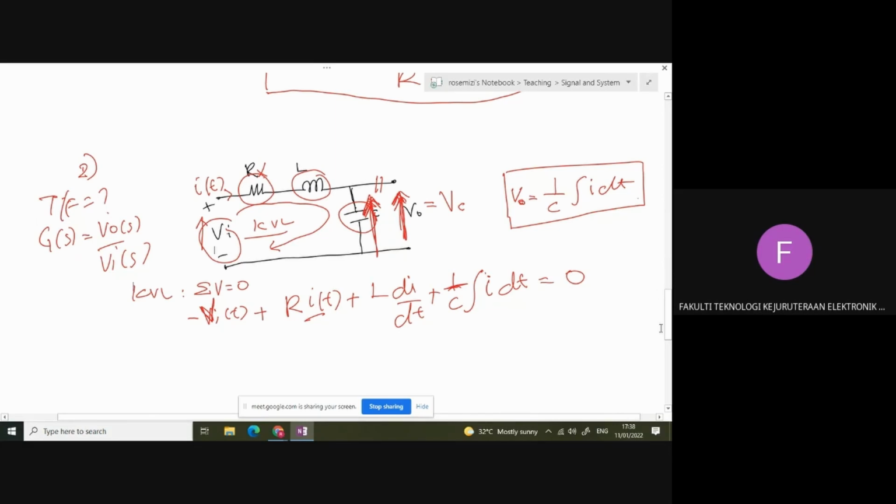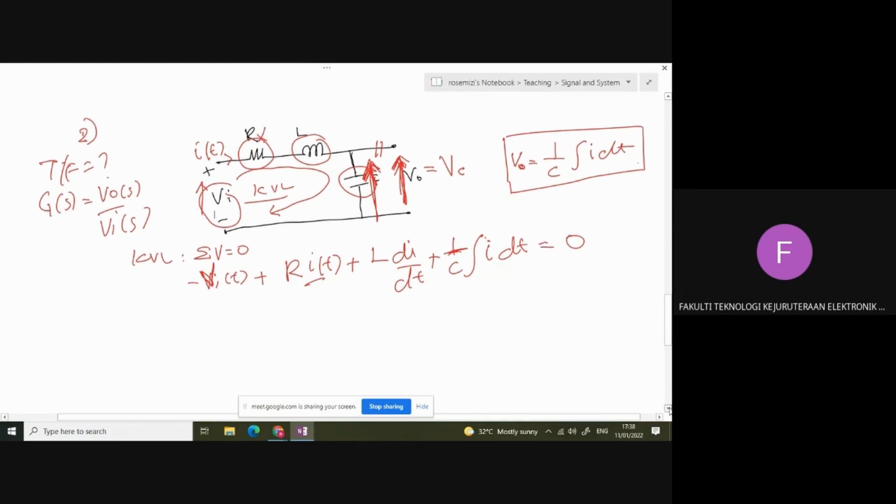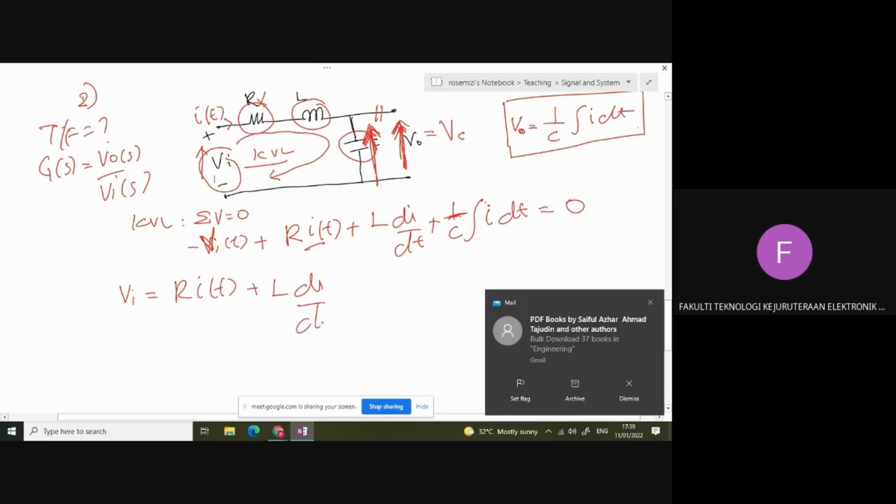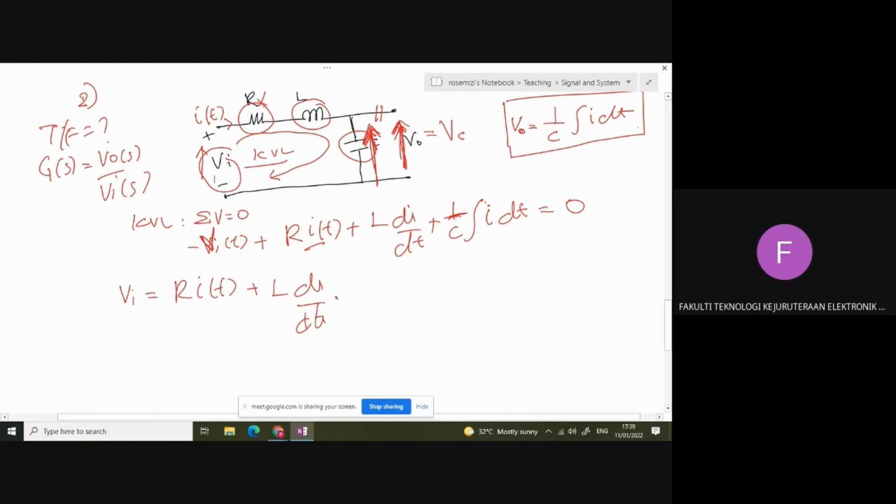So now we rearrange it. Vin equal to R I(t) plus L di over dt plus 1 over C integral I dt.